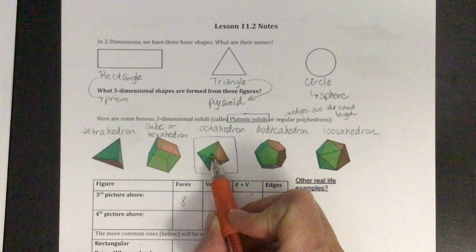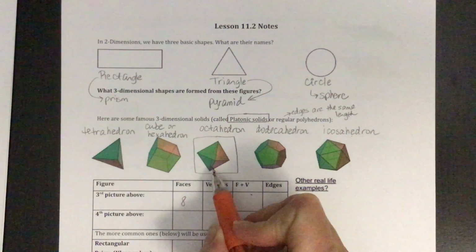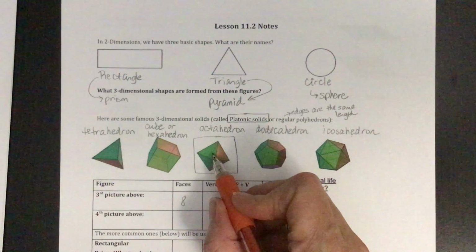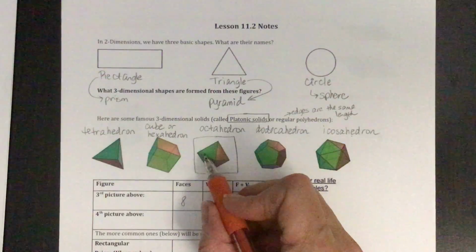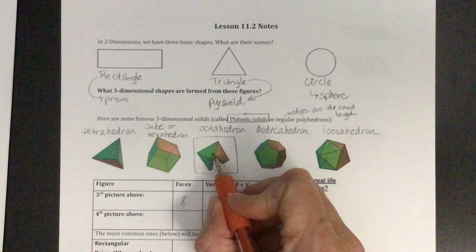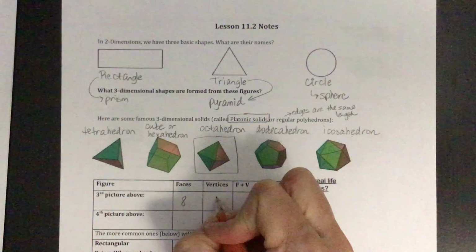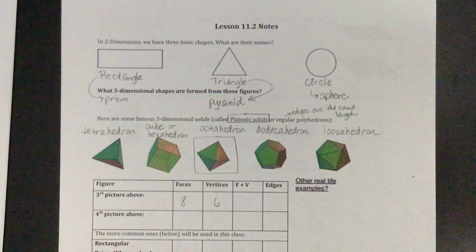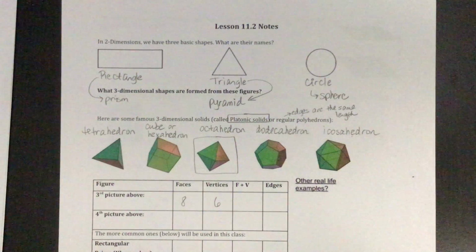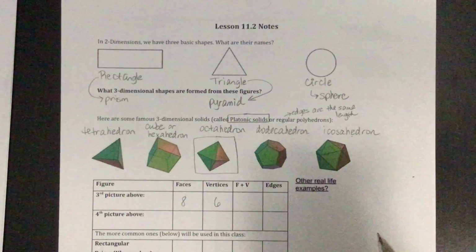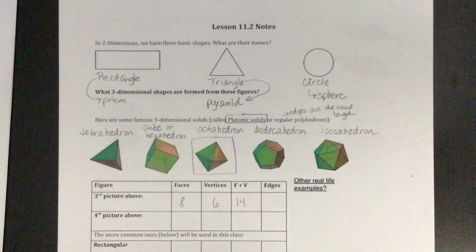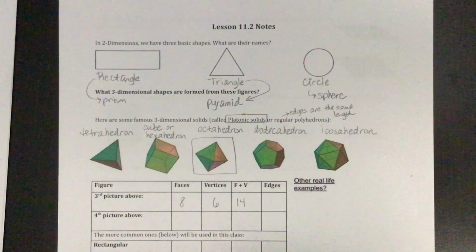And then I've got one more back here in the back of the figure, behind it, that's kind of hard to see. So there's really 6 vertices. In some cases, they're sharp corners. All right, now if we add the faces and the vertices together, we have 14. Just the 8 plus the 6.